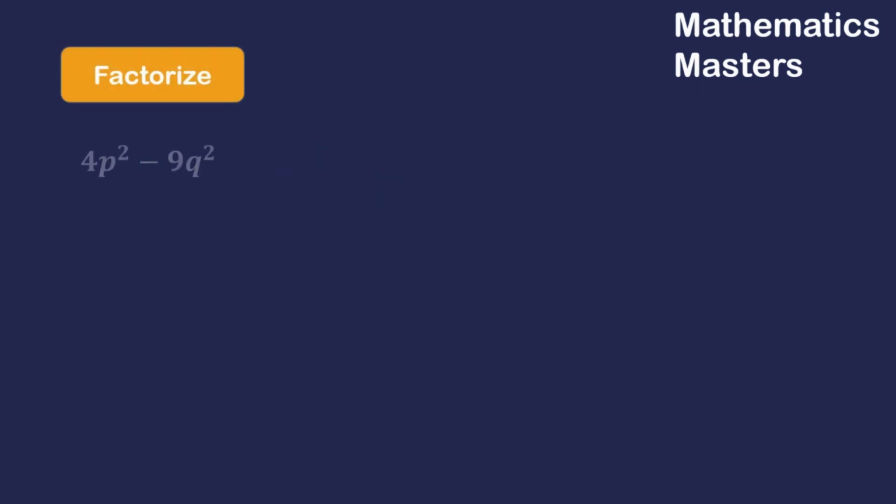Here is one of the examples. Factorize 4p square minus 9q square. So let us write the identity once again. The identity was a square minus b square will be equal to a plus b times a minus b.